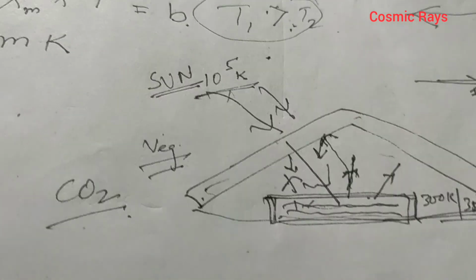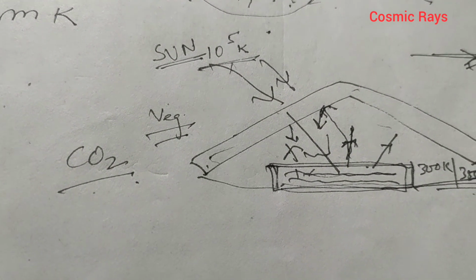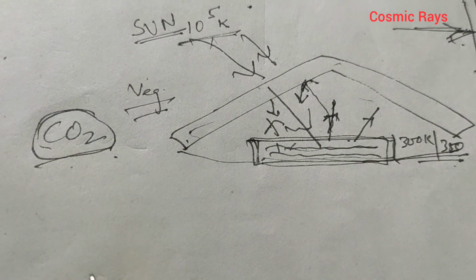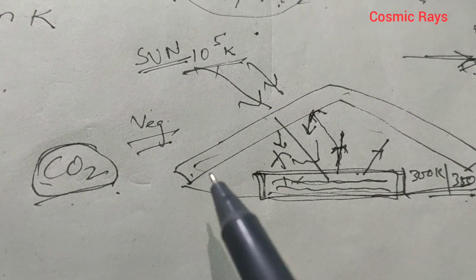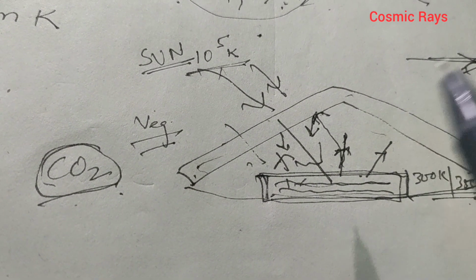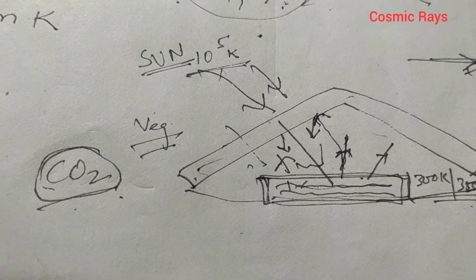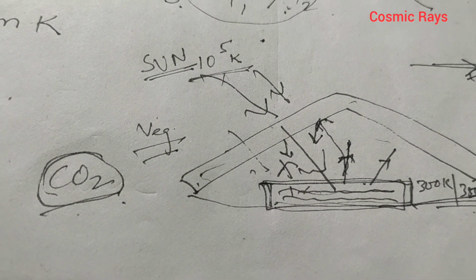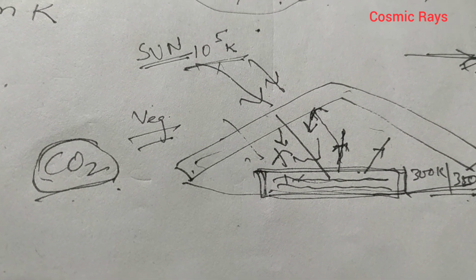Because of various reasons, be it pollution, deforestation, or burning of fossil fuels, when the amount of carbon dioxide rises in the atmosphere, it blocks the heat which has entered the Earth's atmosphere and does not allow it to go back out. So it is basically trapped in the Earth's atmosphere and the temperature of the Earth rises. So this is the disadvantage of the greenhouse effect.